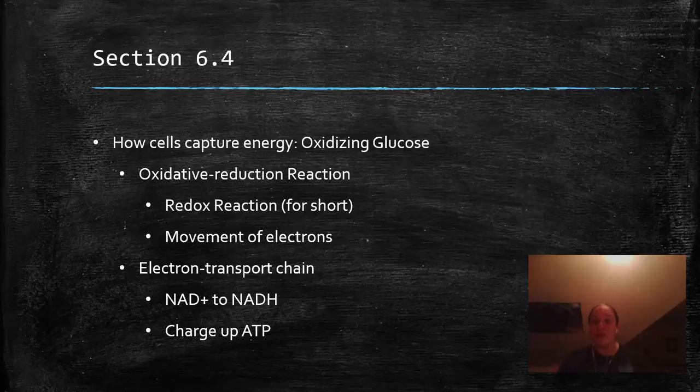This movement of electrons from one molecule to another releases energy, which gets used to charge up ATP and a few other things. Our cells also use something called an electron transport chain, which is basically just the same process but as a whole chain reaction.